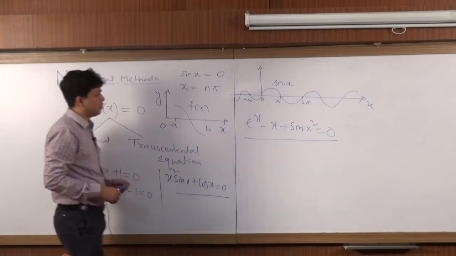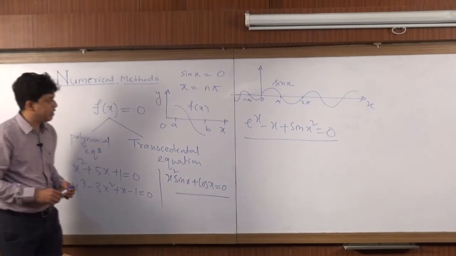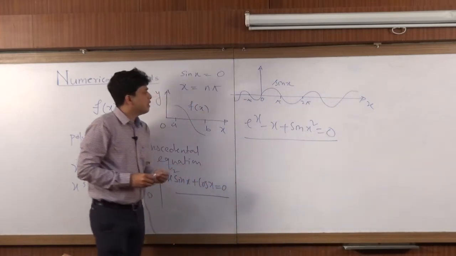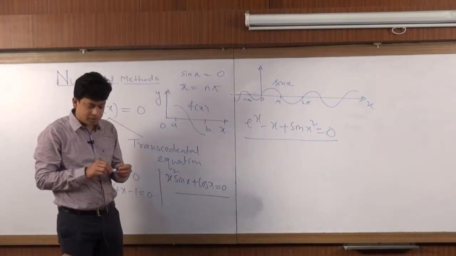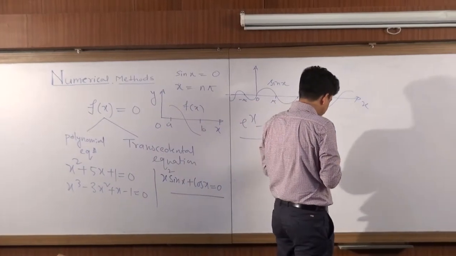Let us discuss one numerical method: how to solve using the bisection method. But before this I will talk a little about what is known as the intermediate value theorem.